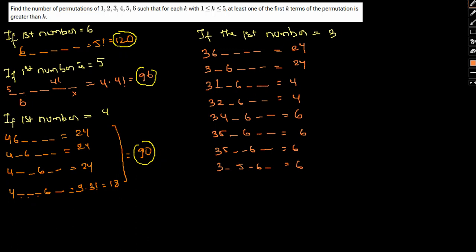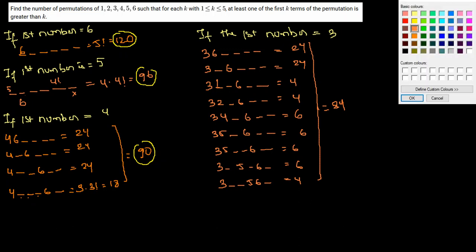Finally this can be done in 4 ways. If we add this entire thing up, we get 84 ways in which 3 can be the first number.